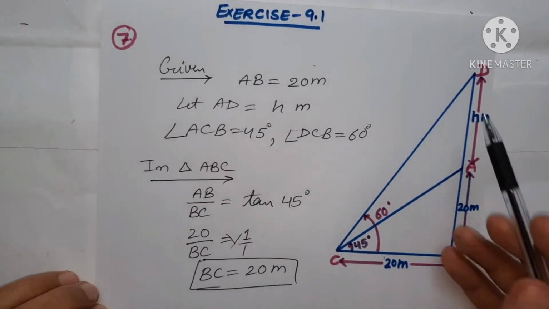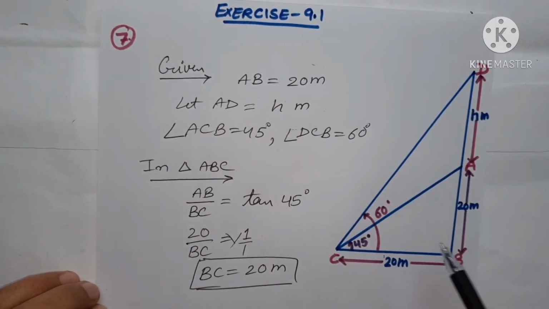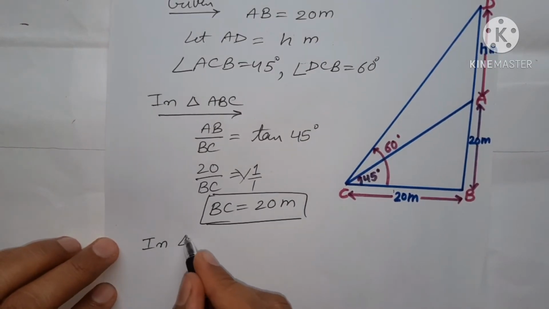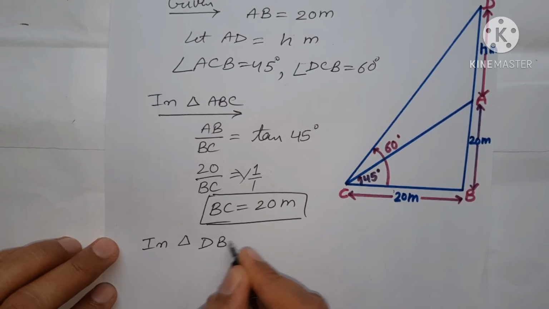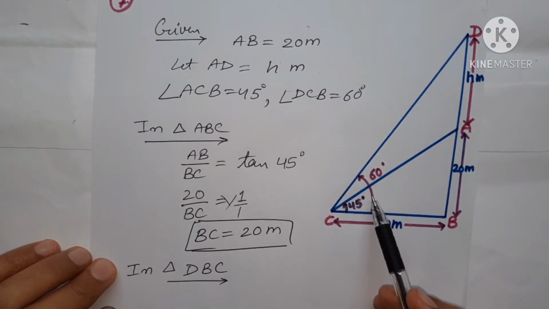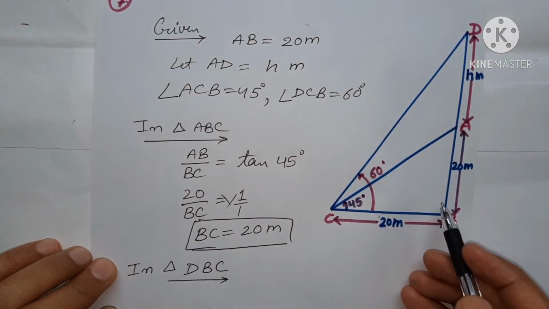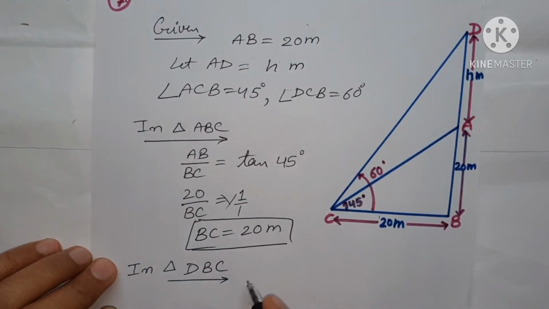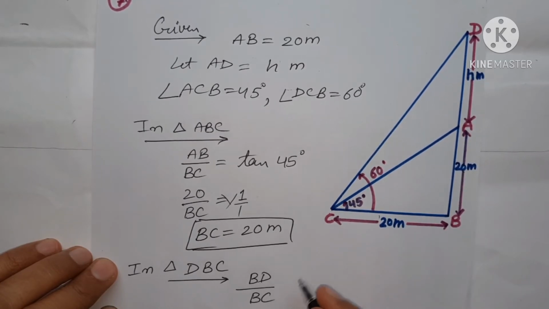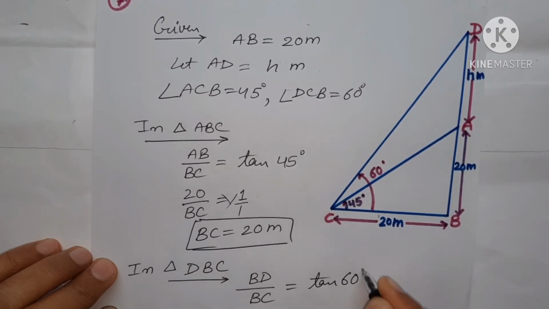Now we will take this big triangle DCB. So we can write in triangle DBC, angle 60 is there, and again perpendicular and base. So perpendicular is BD and base is BC, equal to tan 60 degree.